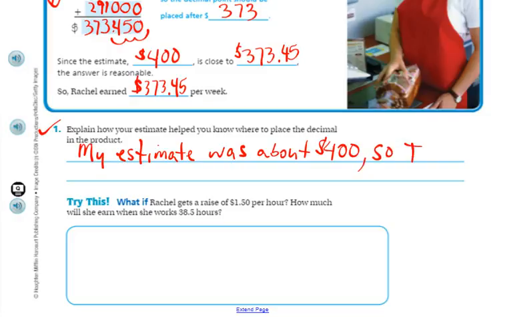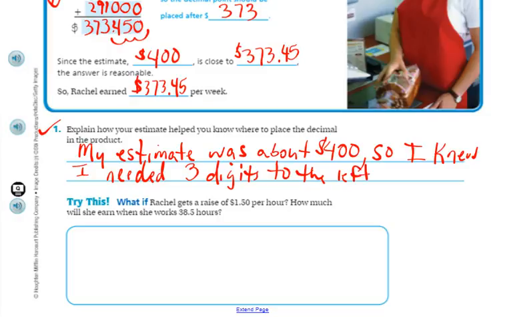So I knew I needed 3 digits to the left of the decimal. All right, so go ahead, make sure you pause the video, take time to write that in there.